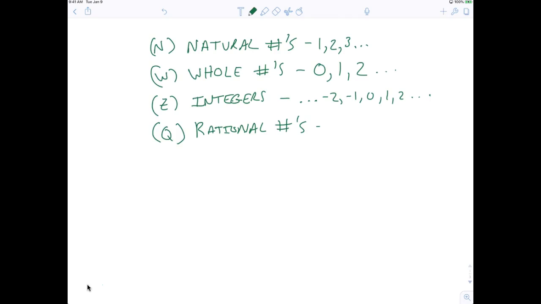Q is considered rational. Now, Gray said something pretty important. He said, aren't all numbers rational? No. There are numbers that are called irrational. And for irrational numbers, someone tell me the definition of irrational. Go ahead, Tucker.